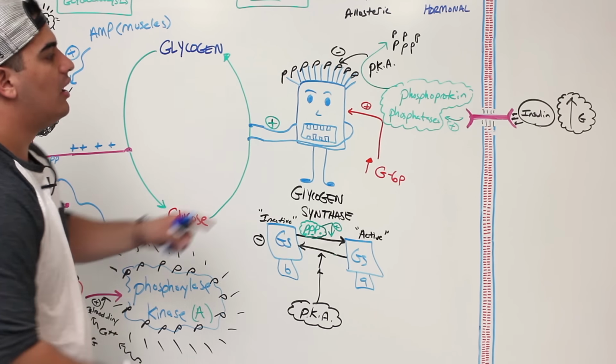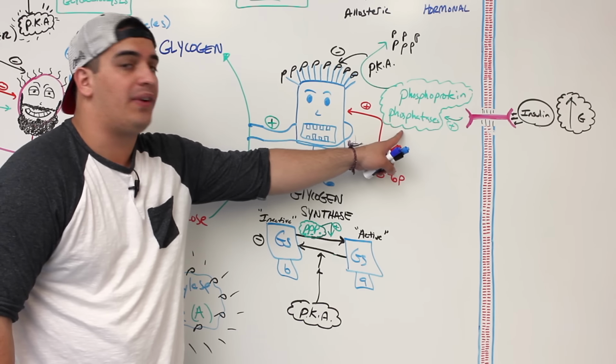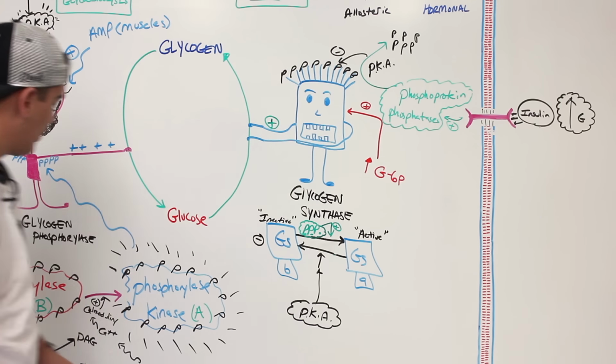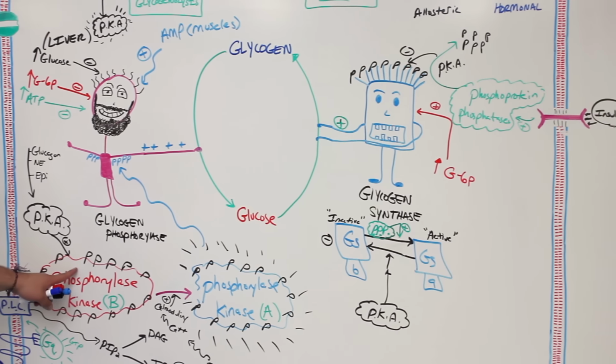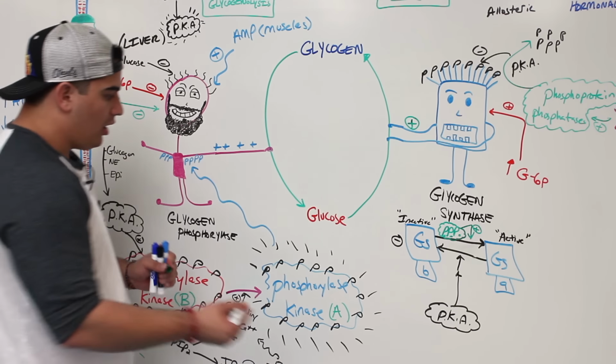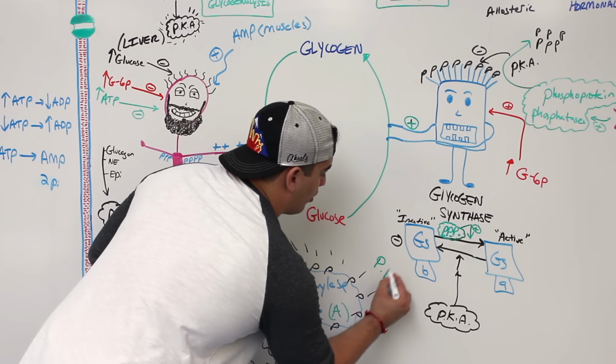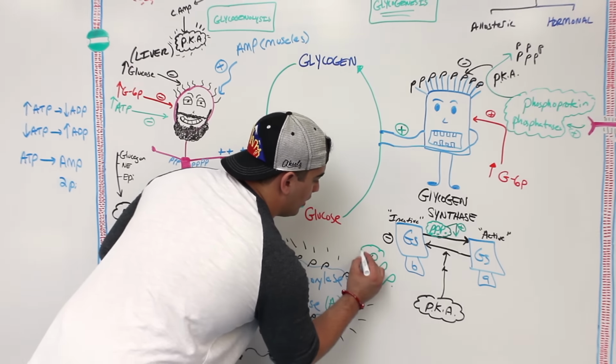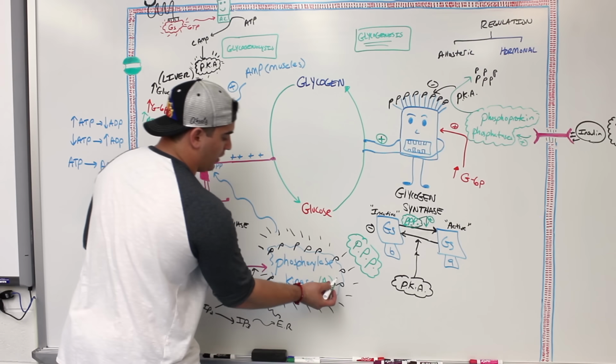Last but not least, these phosphoprotein phosphatases are not specific also. So you know what they can do? You know how we were adding phosphates onto this phosphorylase kinase B to convert them into phosphorylase kinase A? These phosphoprotein phosphatases can also come over here. And look what they can do.